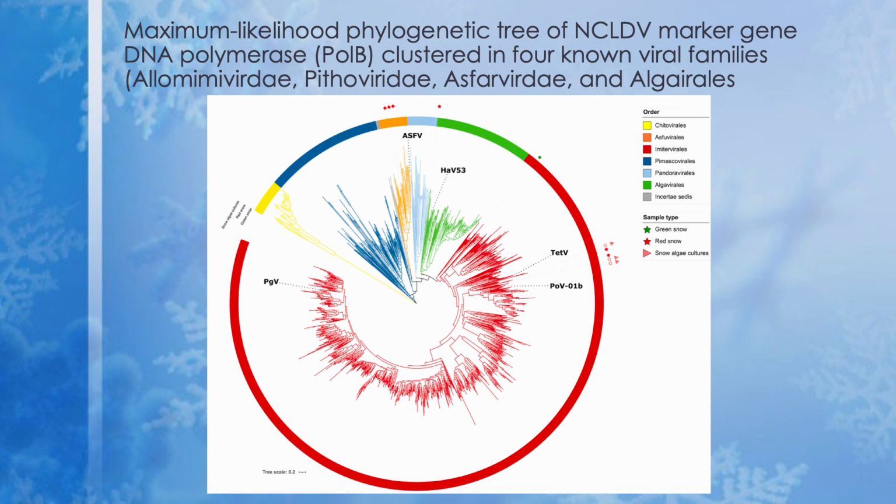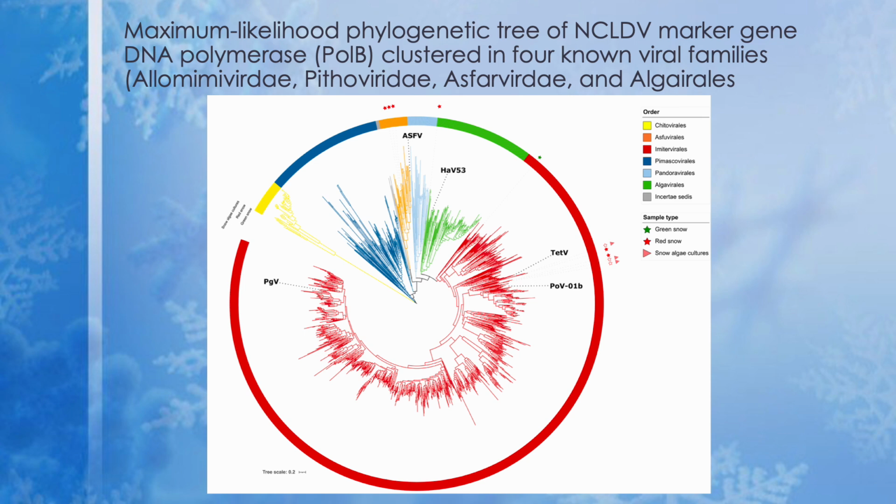Signatures found in green snow samples, MG27 and MG26, formed a sister group with Heterosigma akashiwo virus 01, a microbiological agent for red tide control. Sequences from dark ice were assigned to Pithoviridae, which usually infect the amoebozoan genus Acanthamoeba.